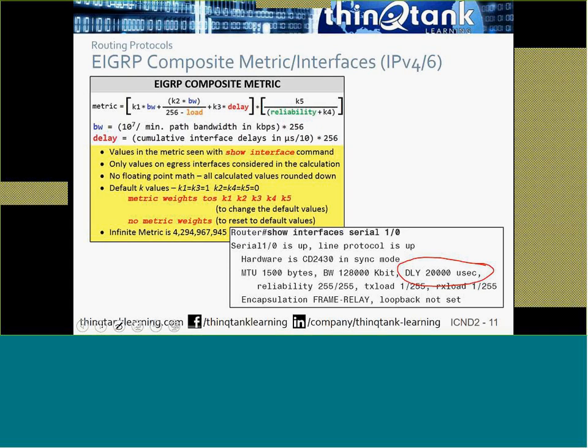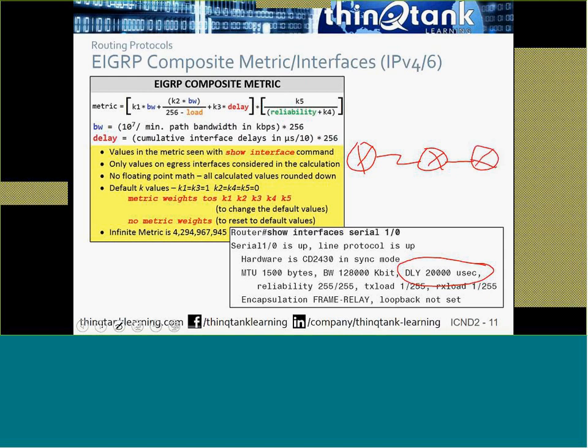One other very important aspect is only egress values are considered. In any metric, whether it's OSPF, whether it's EIGRP or ISIS, egress values are the only values that are considered.